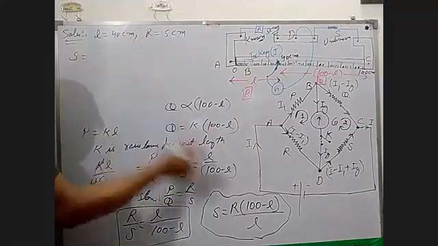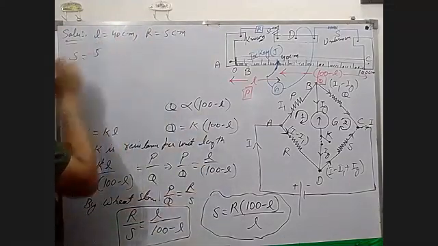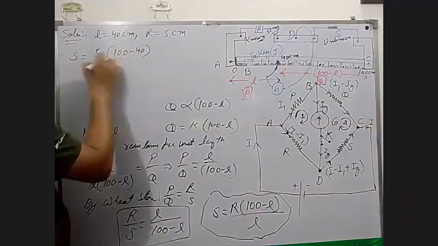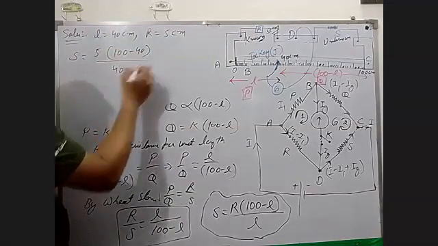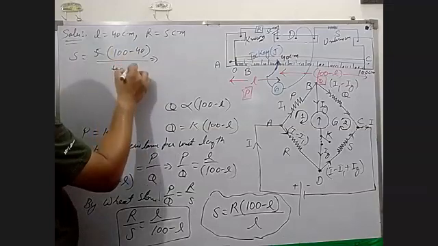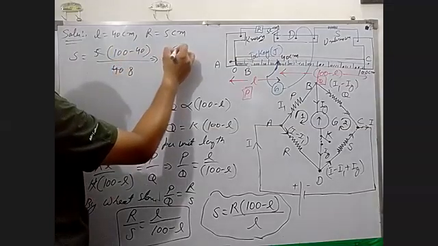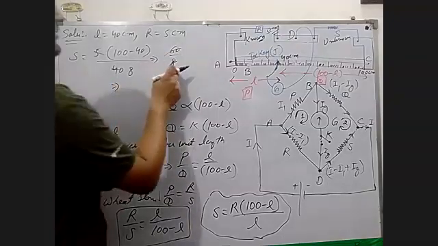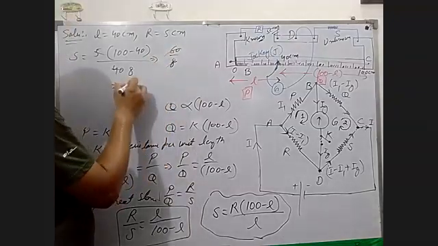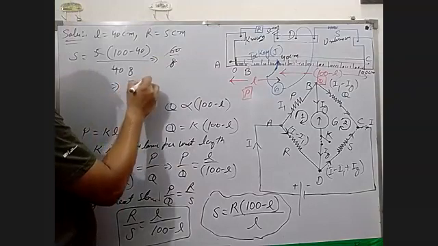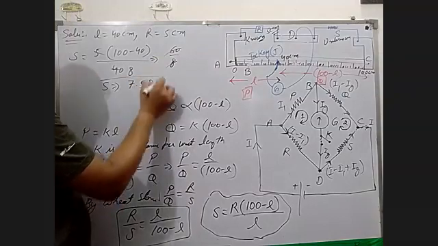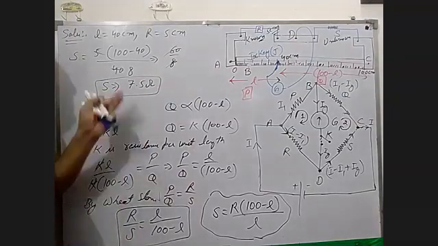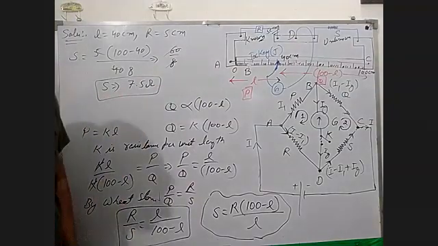By taking this formula, R is 5, 100 minus L is 60, upon 40. Now 5 into 60 is 300 upon 40, and 8 7s are 56, so the value of S you can take here is 7.5. In this way you can calculate the unknown resistance value.